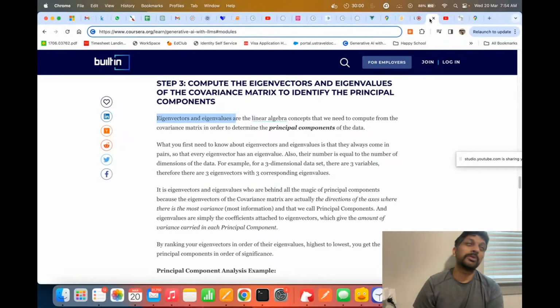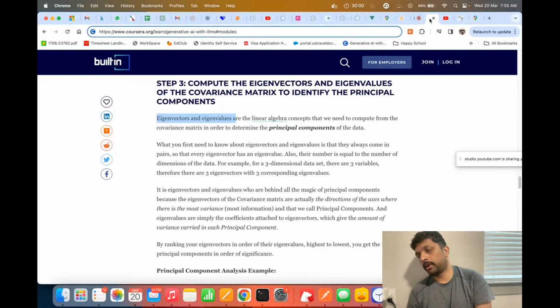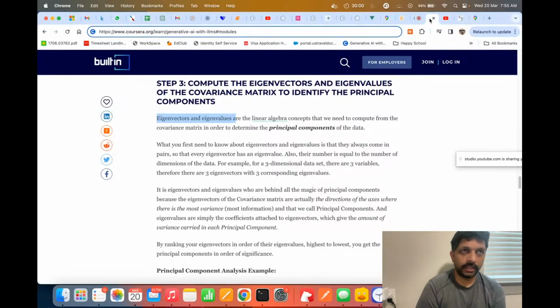I'm assuming if there is x, y, and z, then it will become a into x minus x mean plus b into y minus y mean plus c into z minus z mean, and that will give us the first principal component. Instead of a, b, c, if we use lambda 2, it will become d, e, f.